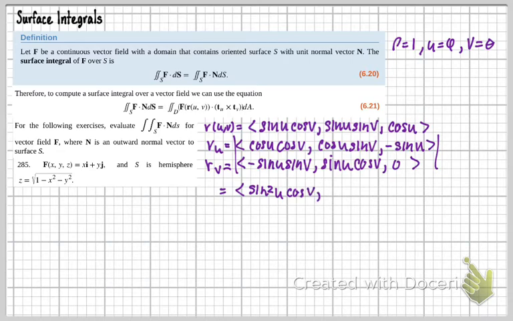And then for the middle term, I'm going to get that 0 again. And don't forget to negate it. I always keep forgetting that. So I'm going to do that 0, and that's here and here, times the corners. So negative times negative is positive. So that's going to be sine squared u and sine v.